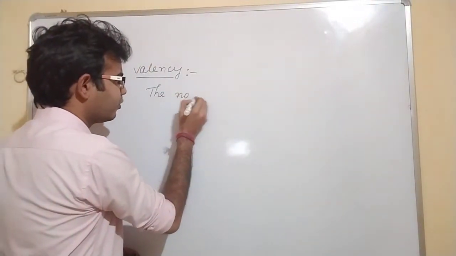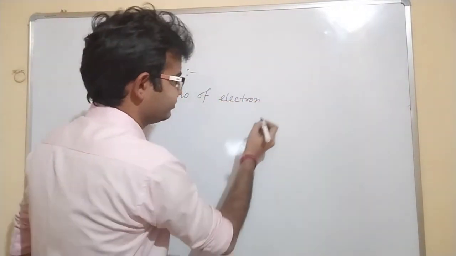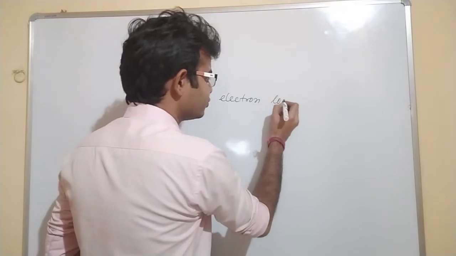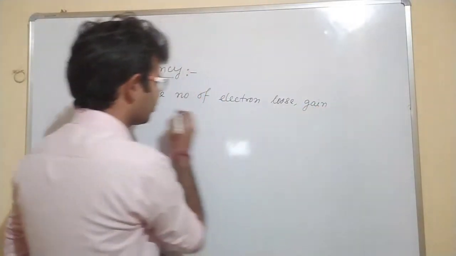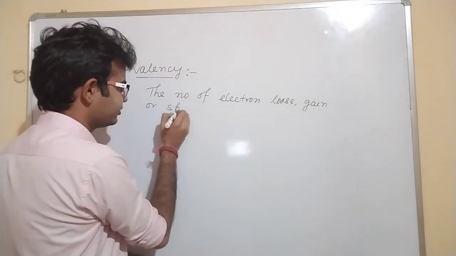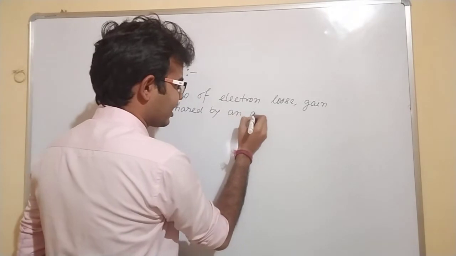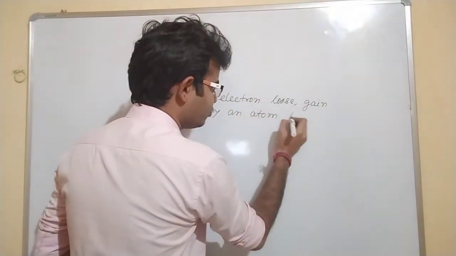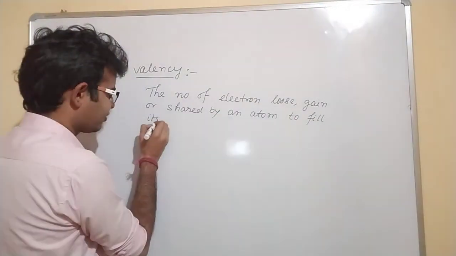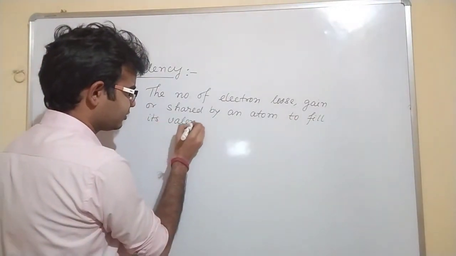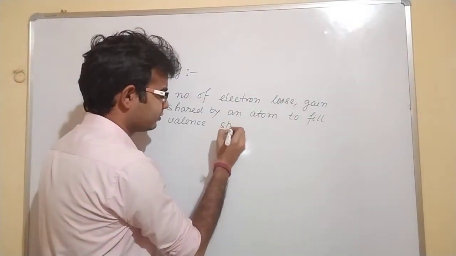The number of electrons lost, gained, or shared by an atom to fill its valence shell.